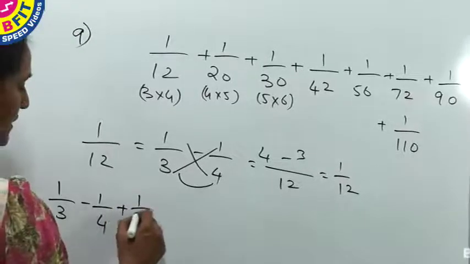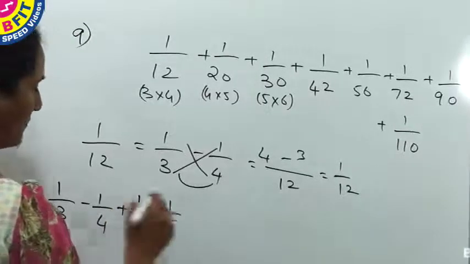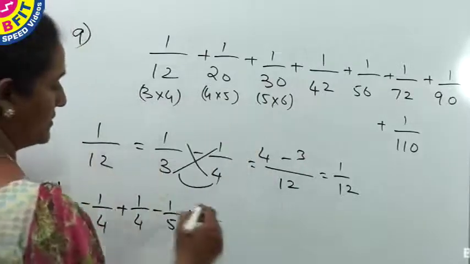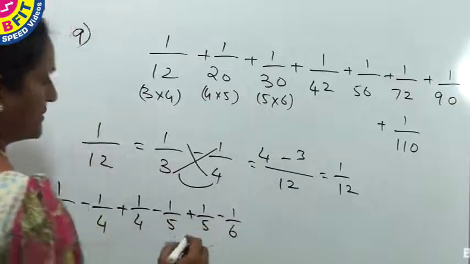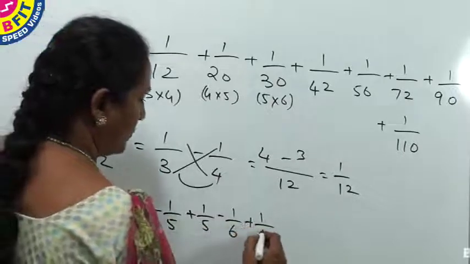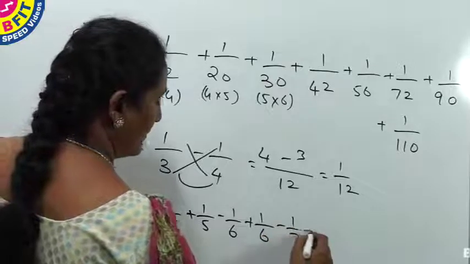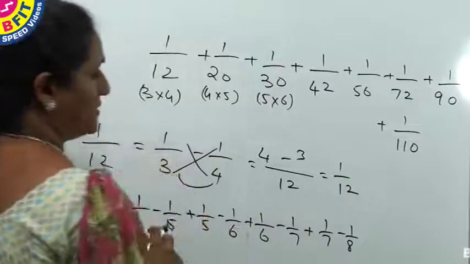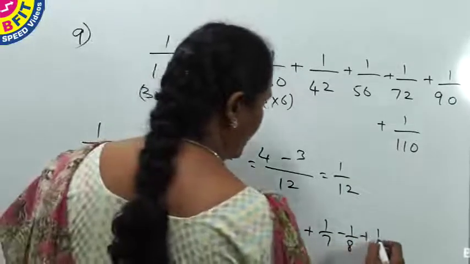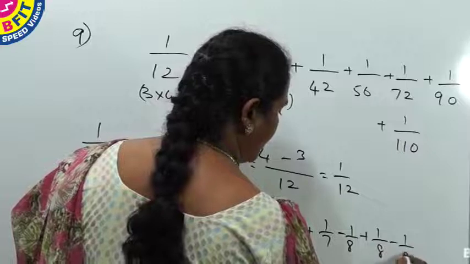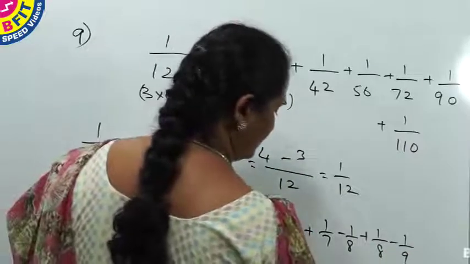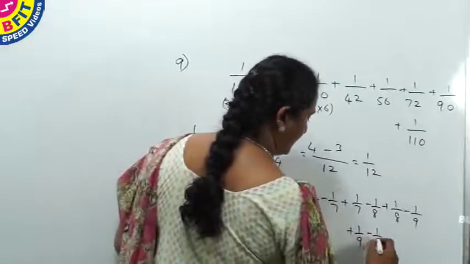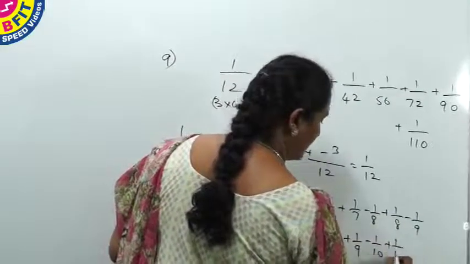For 20, it is 1 by 4 minus 1 by 5. And 30 is the product of 5 and 6: 1 by 5 minus 1 by 6. And 42 is 6 into 7, 56 is 7 into 8, and 72 is 8 into 9. 90 is 9 into 10. And 110 is 10 into 11.